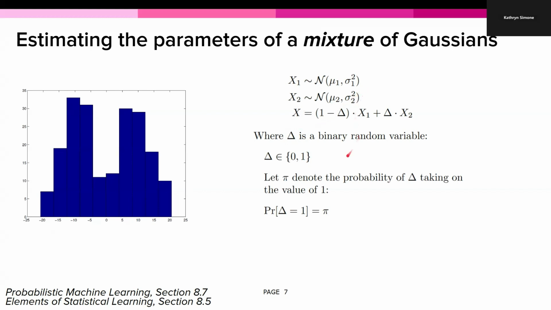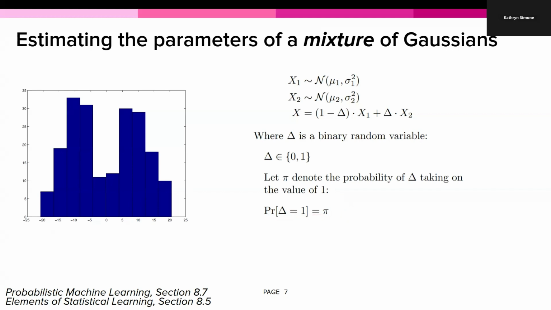to generate the observed data point. And then we're also going to have a parameter pi, which controls how often each Gaussian is selected. Pi is the probability that delta takes on the value of 1. So if pi is large, we're going to sample more often from the second mode, whereas if pi is small, we'll see more samples from the first mode.